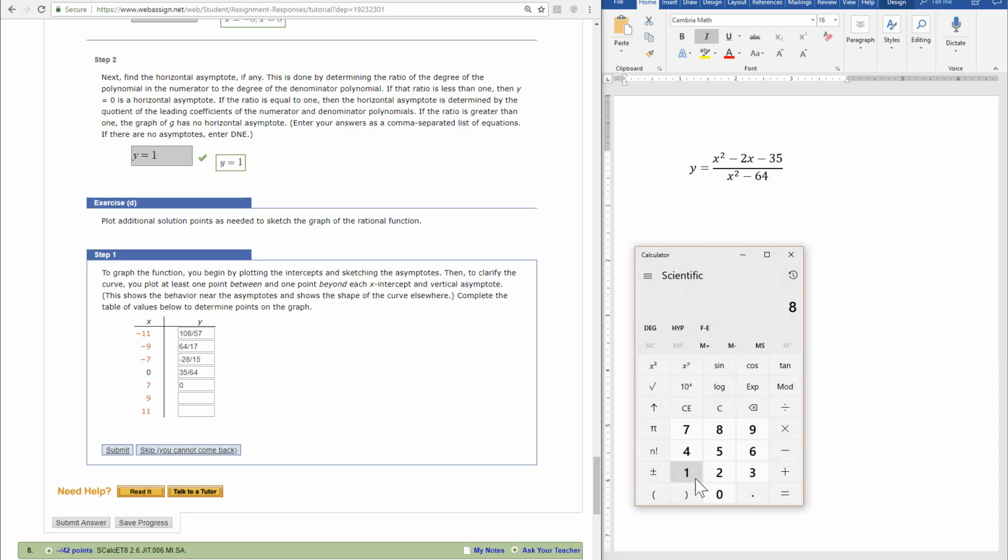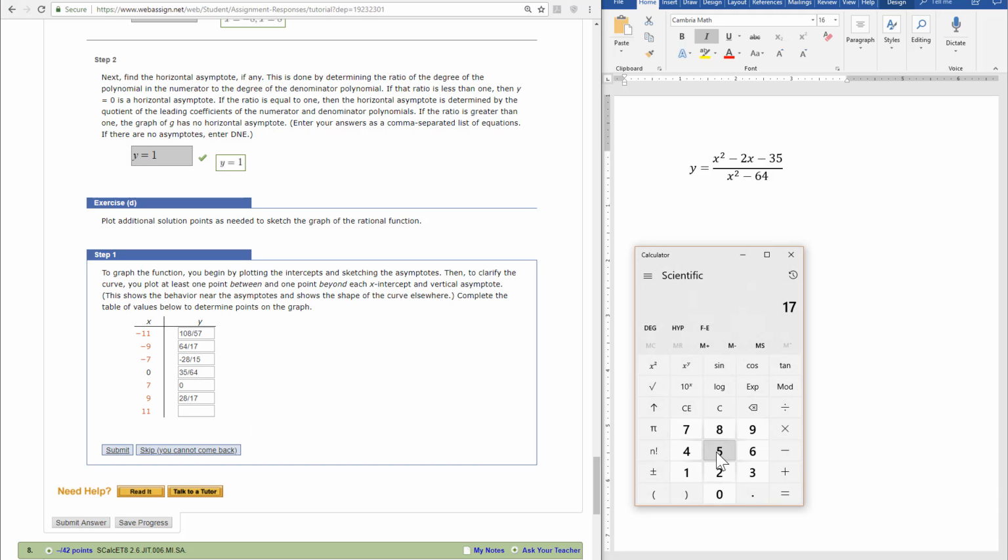We're going to get 81 minus 18 and minus 35 for the numerator. So that's positive 28, divided by, and then let's put a 9 in the denominator. I think that's the same thing that we got before, 81 minus 64, it's a 17.